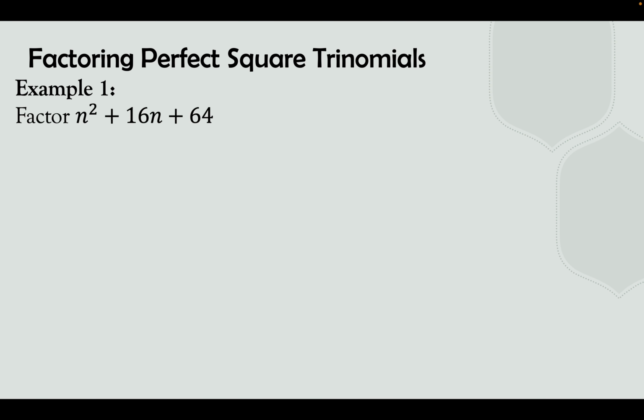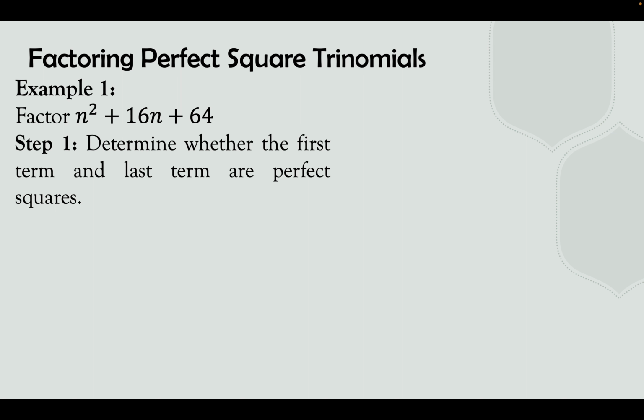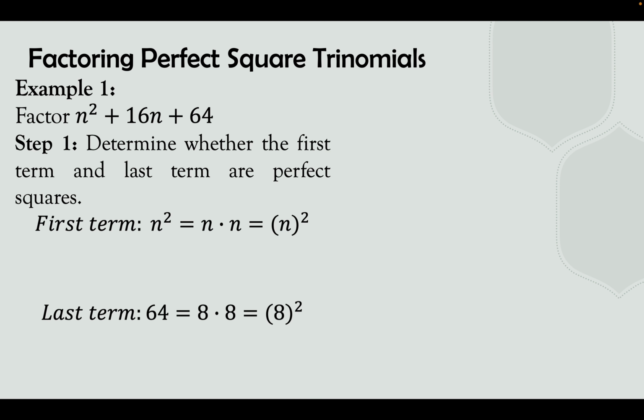Let's have example number 1. Factor n² + 16n + 64. Remember step 1: we need to determine whether the first term and the last term are perfect squares. For n², the first term, the square root is n, so in exponential form that is n².